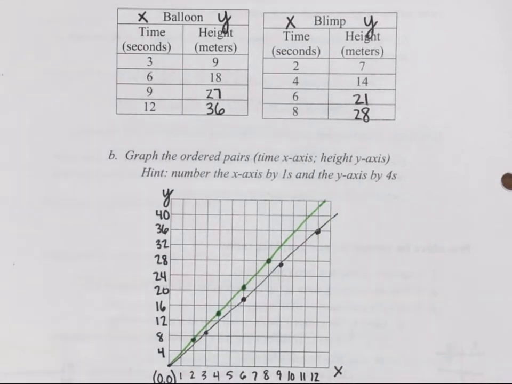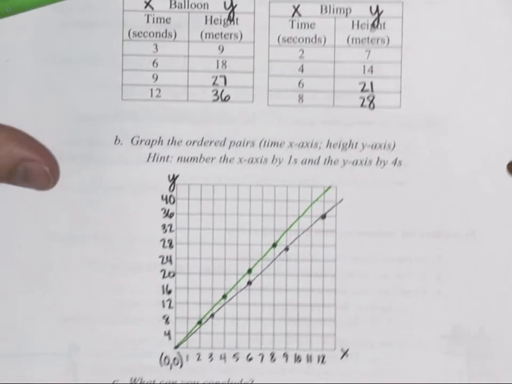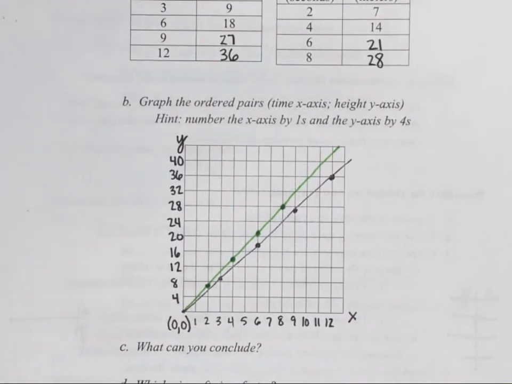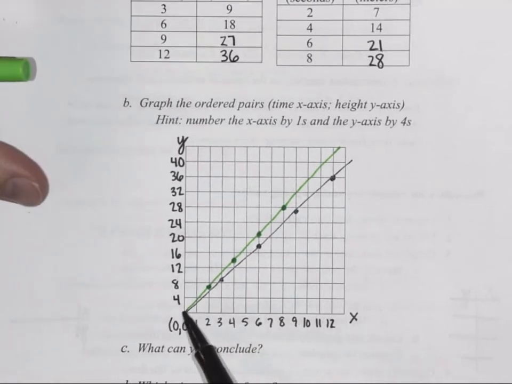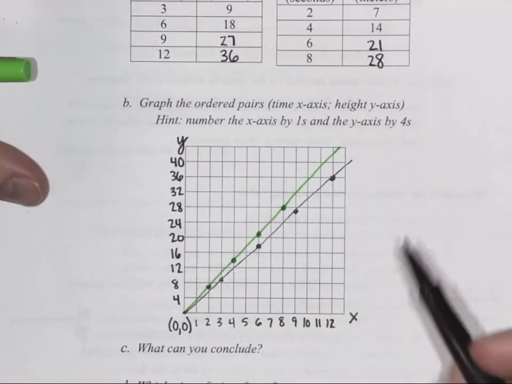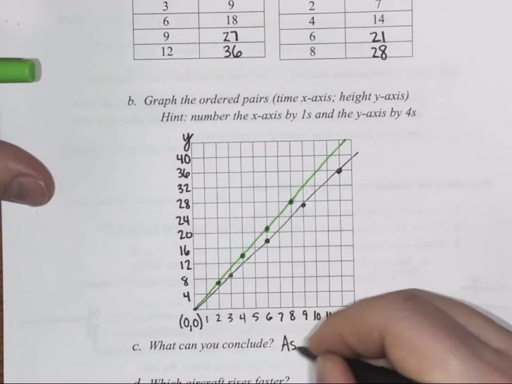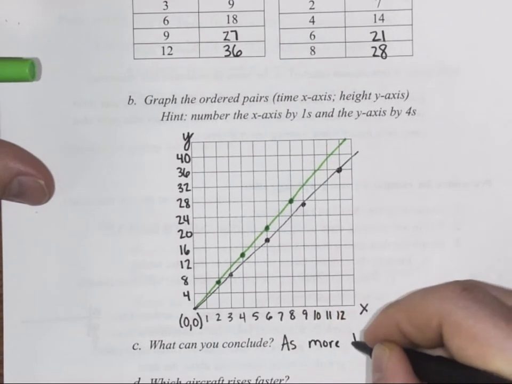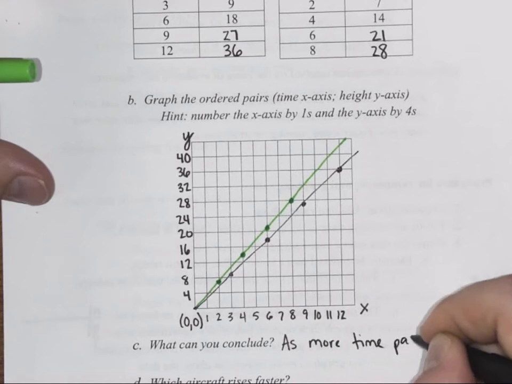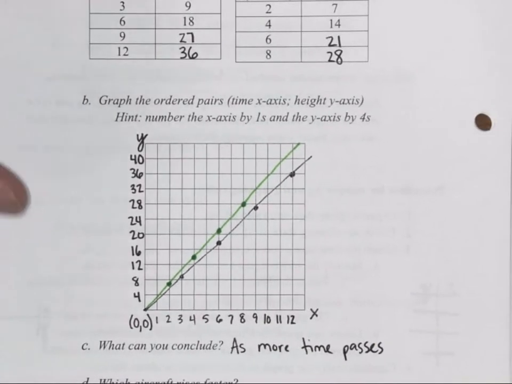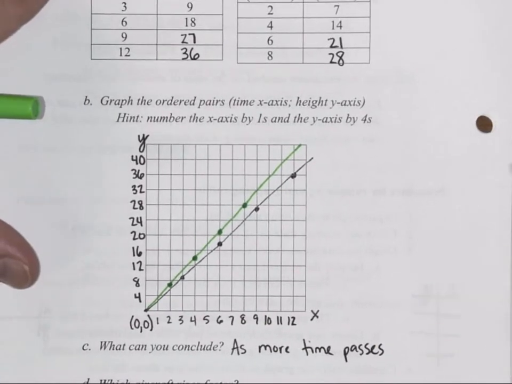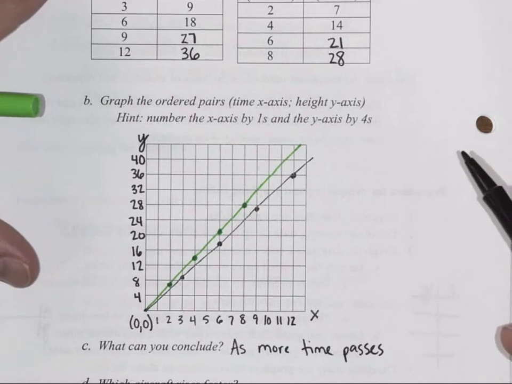So now, what can you conclude from this graph, and which aircraft rises faster. So from this graph, we can conclude that as more time passes, which balloon is rising faster?